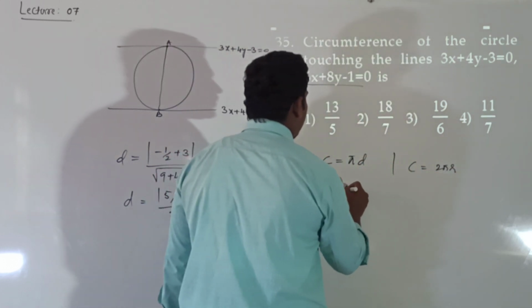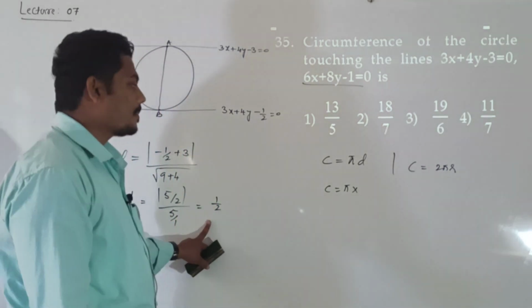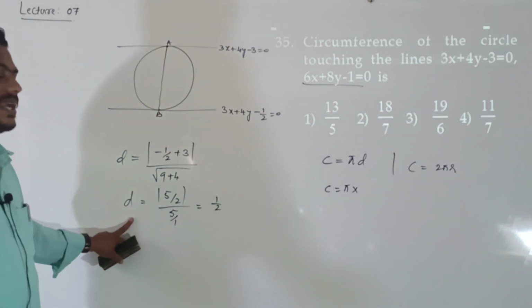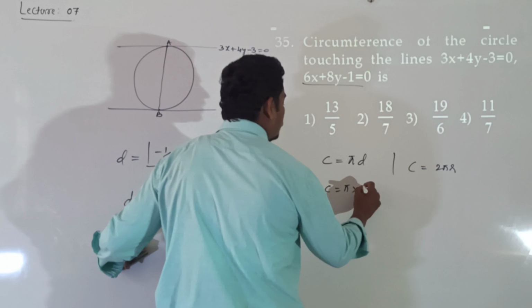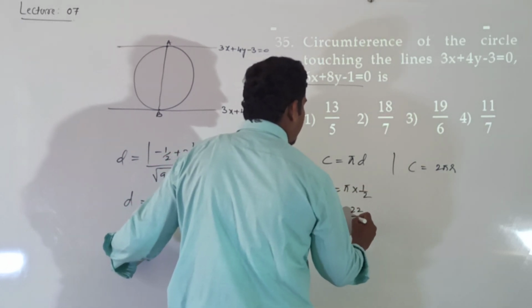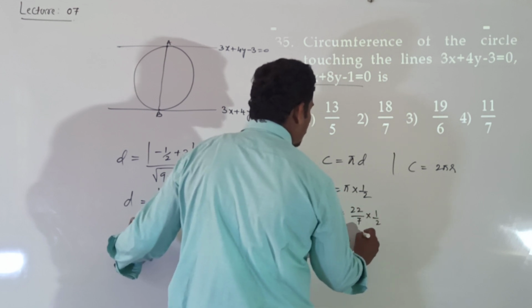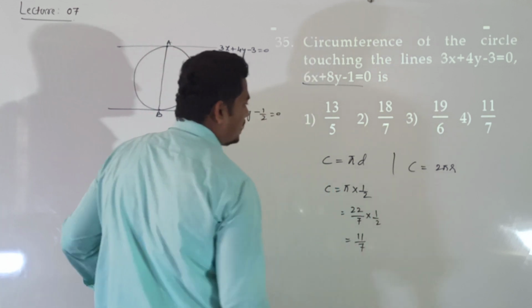C is equal to pi into d, in this case d value is 1 by 2, right? That's equal to pi is 22 divided by 7 into 1 by 2, that's equal to 11 divided by 7.